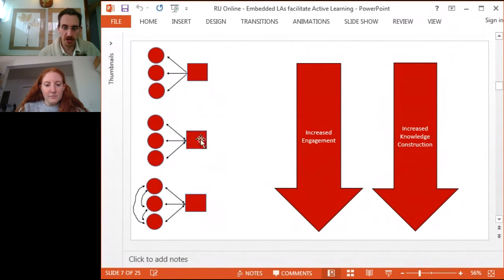So we see here in the second, there's a two-way flow of information from the faculty to the students and from the students back to the faculty. That is an increased level of discourse, right? We can enhance this discourse even further by, in the third model, information flowing from the faculty to the students and back, but also information flowing between the students, right? This is the maximum level of discourse.